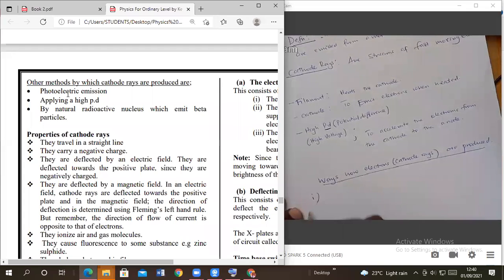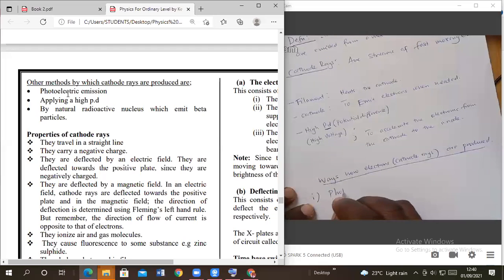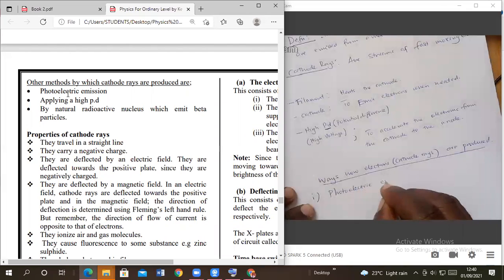Number one, they are produced by photoelectric emission. We have already looked at that.